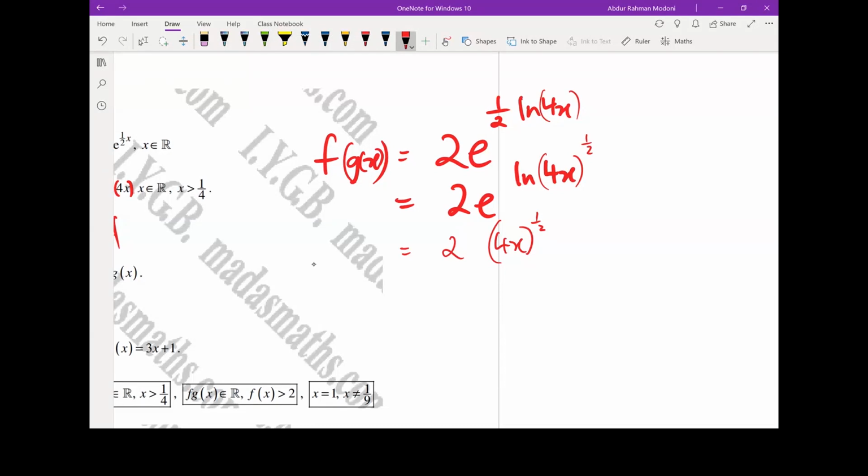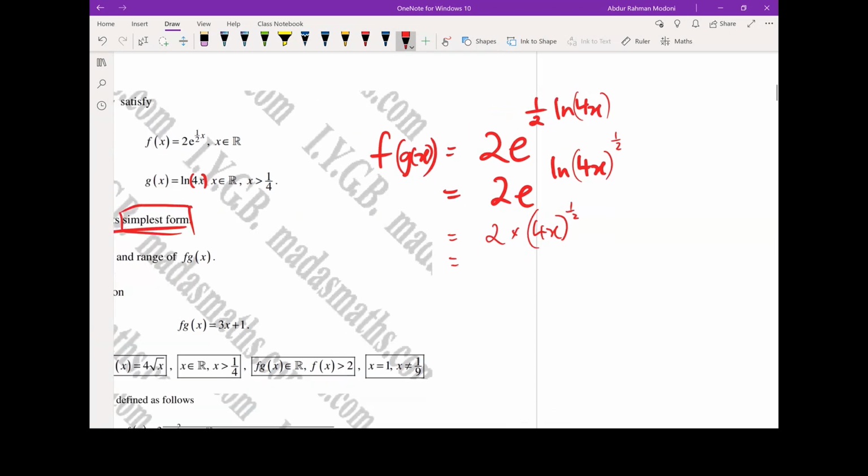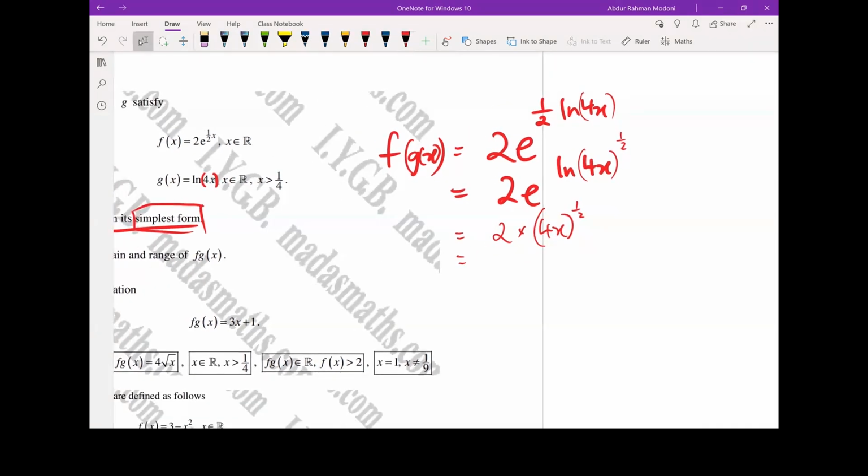I could have applied the half to the 4x, but I've just left it there and I'll tidy it up now. So we've got 2 times 4x to the power of half, so 4 to the power of half and x to the power of half, because the half is on both the 4 as well as the x, and then all multiplied by 2.